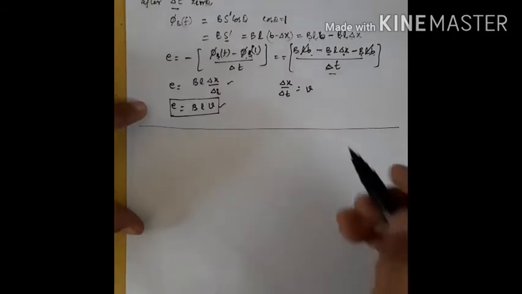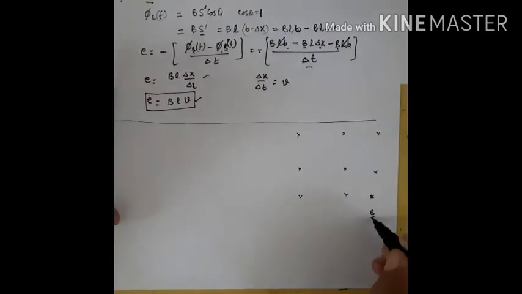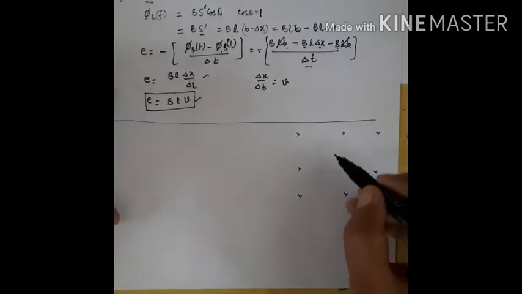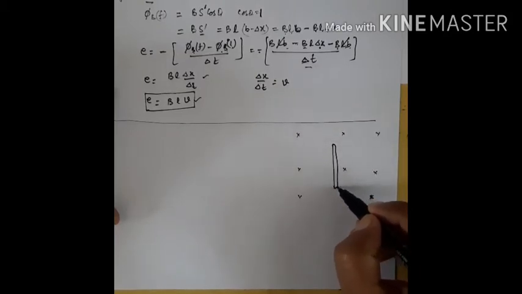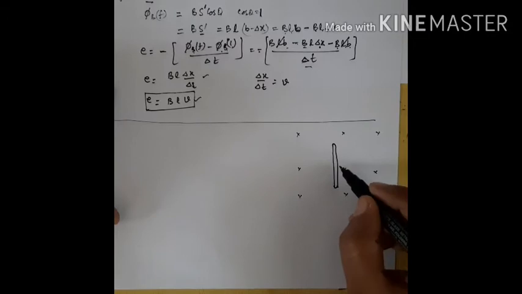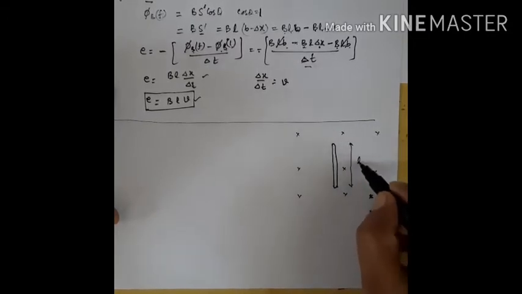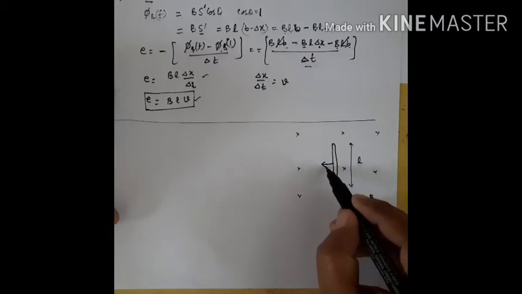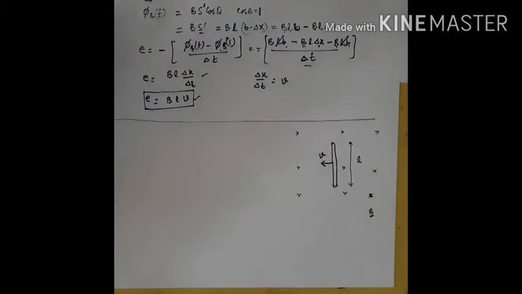For that I consider a uniform magnetic field pointing into the plane of this paper, represented by capital B. I consider the same rod, which is movable in the above example. I take this rod of length L, and it is moving along the same direction with a velocity v. Is any induced EMF produced in this particular rod?